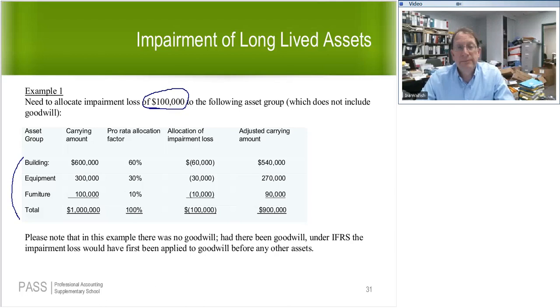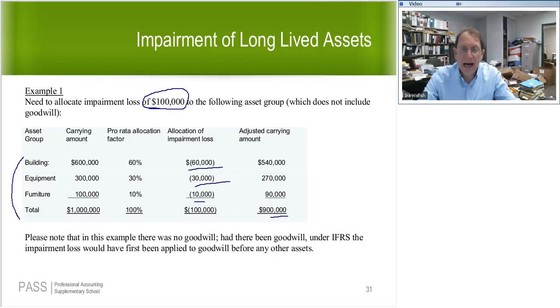Fine. I got to allocate the 100,000 based on, let's prorate it against all my long-lived assets. Very good. Building, equipment, furniture, fine. So 60% of 100 is 60. Good. 30% is 30. Good. 10%, very simple. Excellent. That's my adjusted carrying amount. There's no goodwill. Fine, so ignore it.